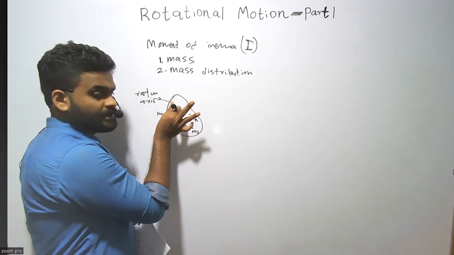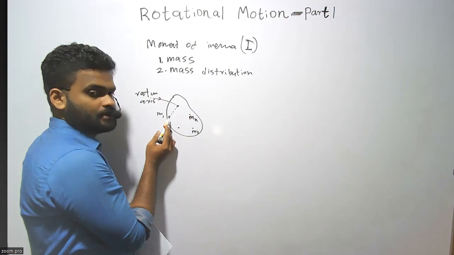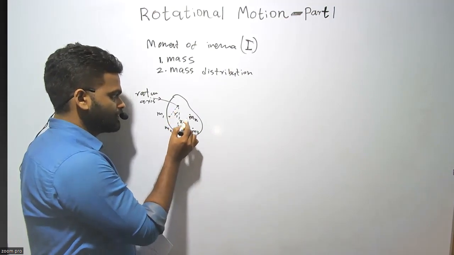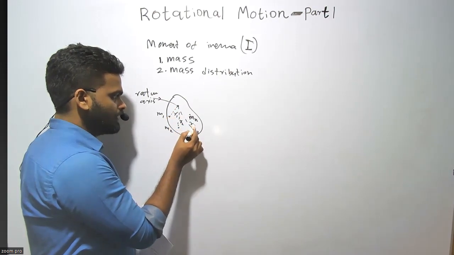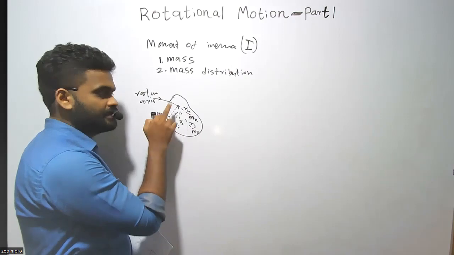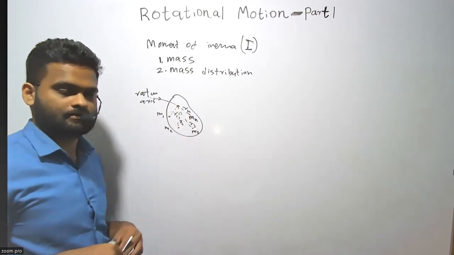Then we have this rotational axis. Then you need to think about the distance to each particle. So here r1, then r2, r3, and this is rn, the distance to each particle from the rotational axis.